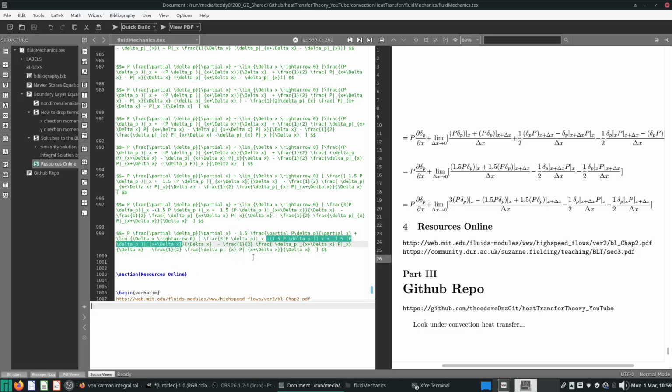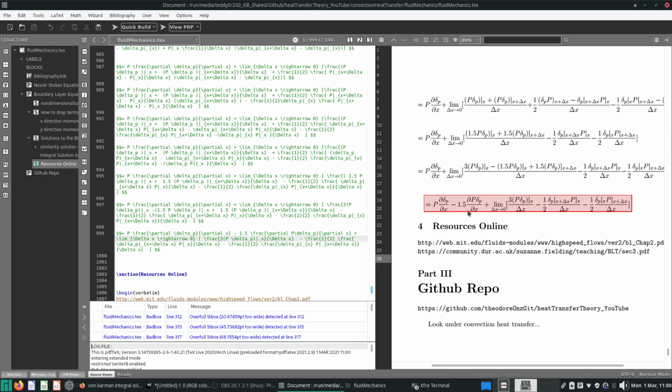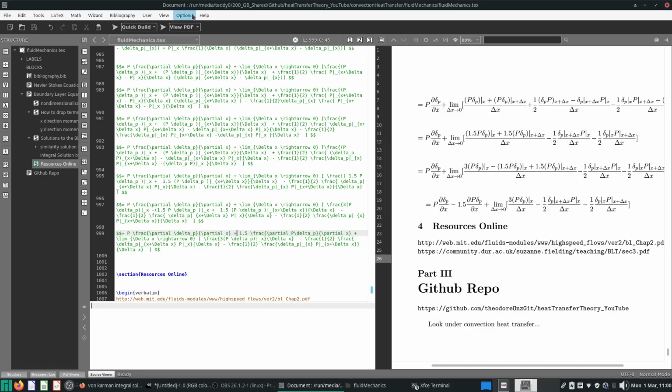So yeah, now that should about do it. Okay, so this should be a plus 1.5 plus, and that's the rest of the terms in there.